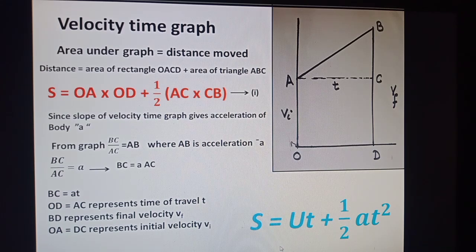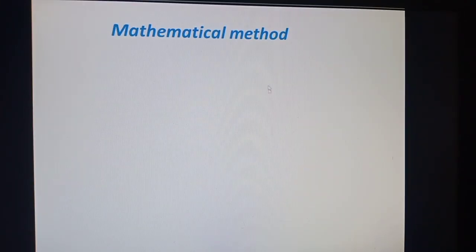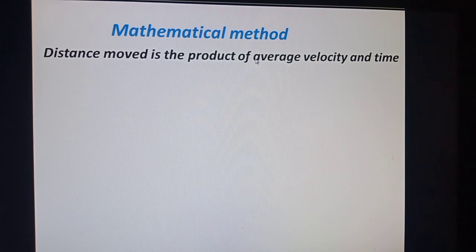Students, now we proceed to derive the same equation using an alternative method known as the mathematical method. According to the mathematical method, the distance moved is the product of average velocity and time. It is the mathematical relation that shows the distance moved by the body.